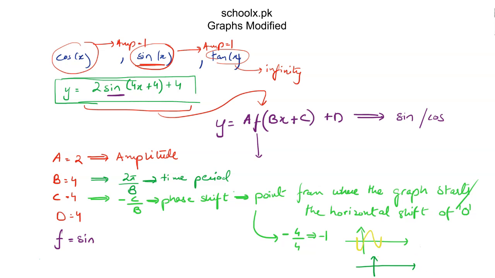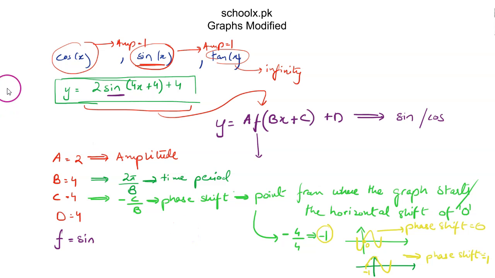For example, the graph will be like this. So 0 has been shifted 1 unit to the left because the phase shift is -1. Here in this case, the phase shift was 0. Here in this case, the phase shift is -1.